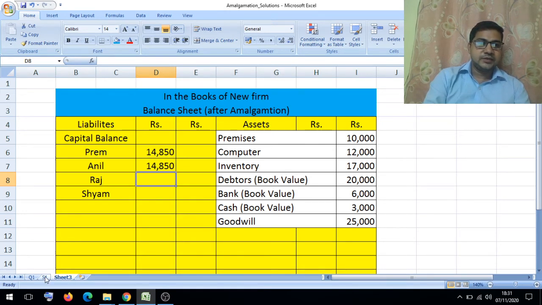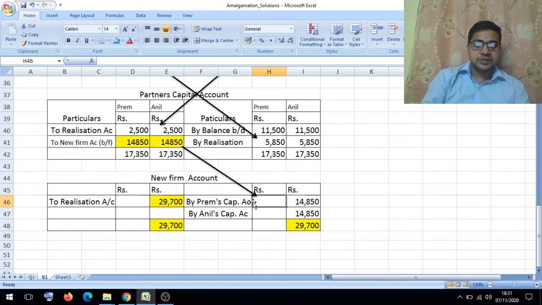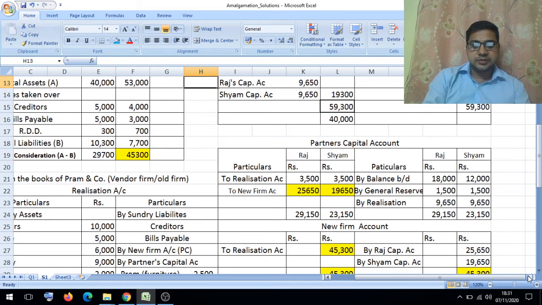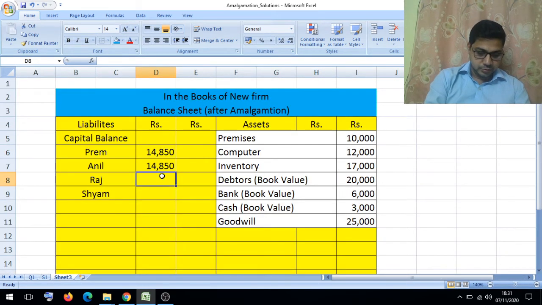What about Raj and Shyam's accounts that we prepared? We go to the Raj and Company's new firm account. There these particular values are provided: Raj capital 25,650, Shyam capital 19,650. These values we use here.